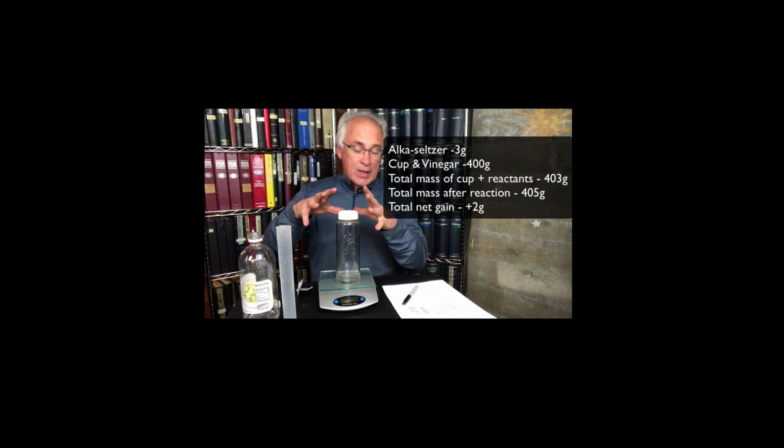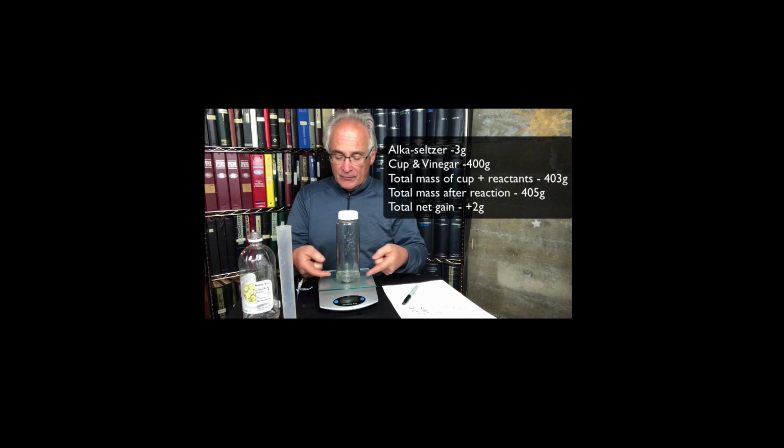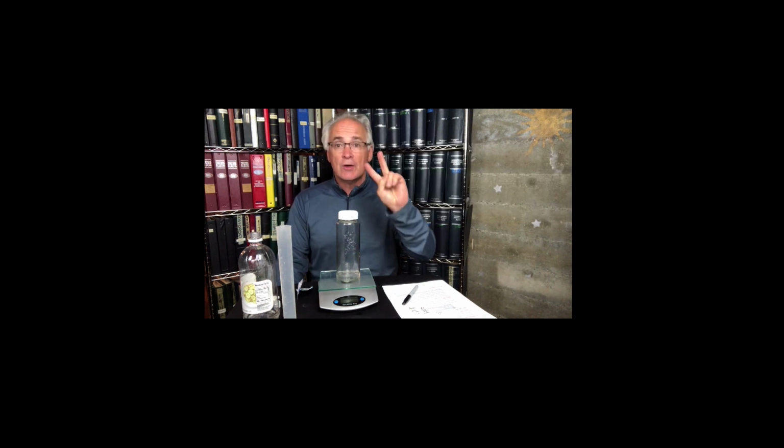And then when we had the total mass of the jar, the vinegar, and these reactants, it came up with a grand total of 405 grams. We had 403 before the reaction, 405 after the reaction. So it gained 2 grams. This is now a closed system.